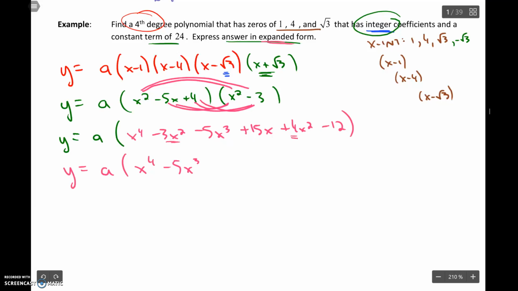I have two squares, plus x squared plus 15x minus 12. So now, this is my constant term. Well, after I multiply by the a, that'll be my constant term. That's got to be a positive 24. So that means my a needs to be a negative 2. If that's a negative 2, then whenever I expand it out, it'll be a positive 24.